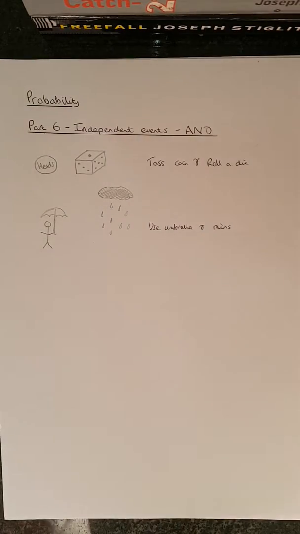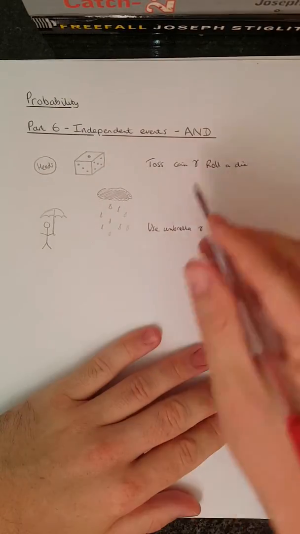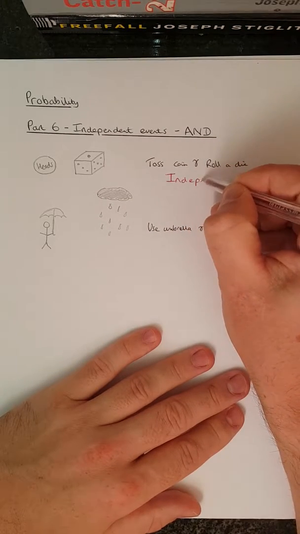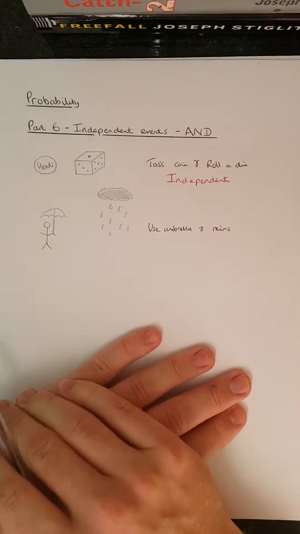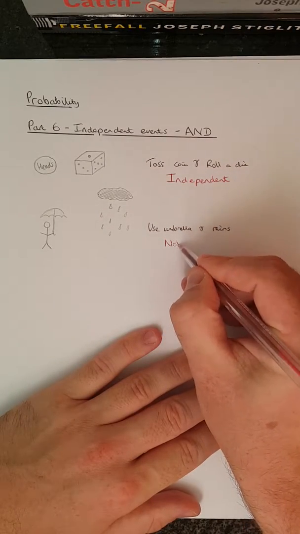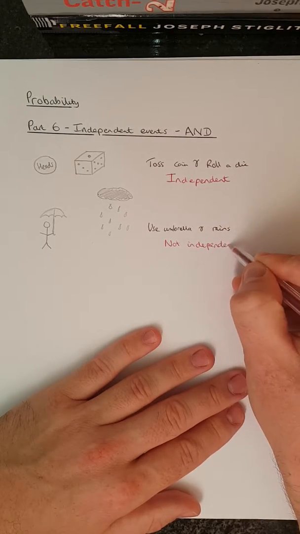So think about these two pairs of events and think about what I could mean when I say they are independent events in probability. Well, the top pair are independent. The bottom pair are not independent.